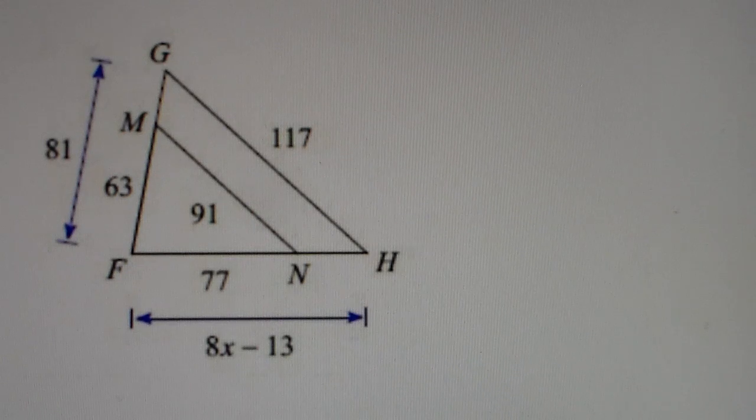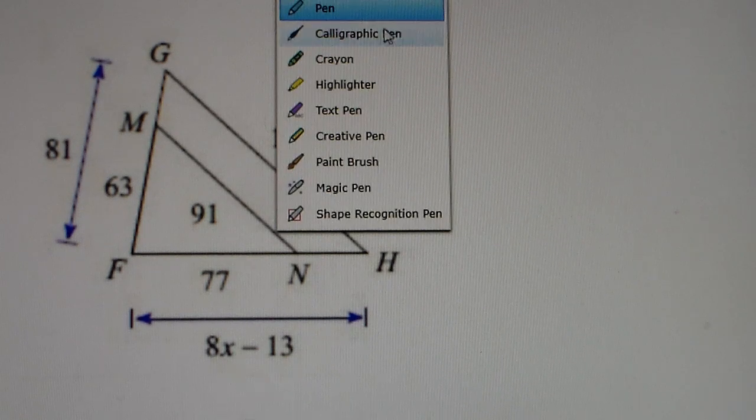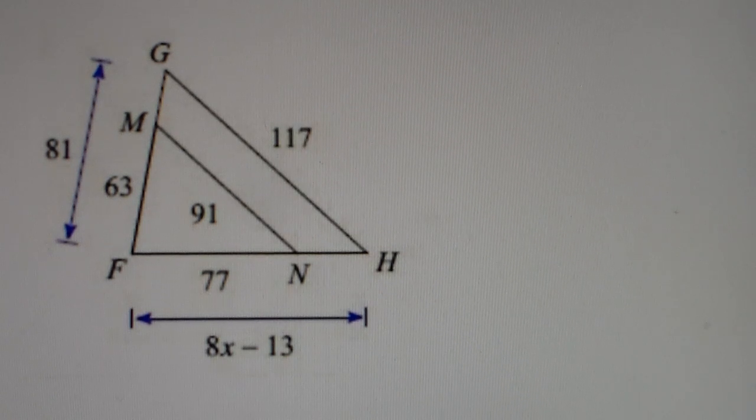So, something that we've been doing in 5-3 in our last unit, we're going to recap some older stuff right now first, before we move on to the newer ones, is that we have a problem like this, where we have a triangle on top of a triangle. There's a triangle, FMN, on the inside of the triangle, FGH.